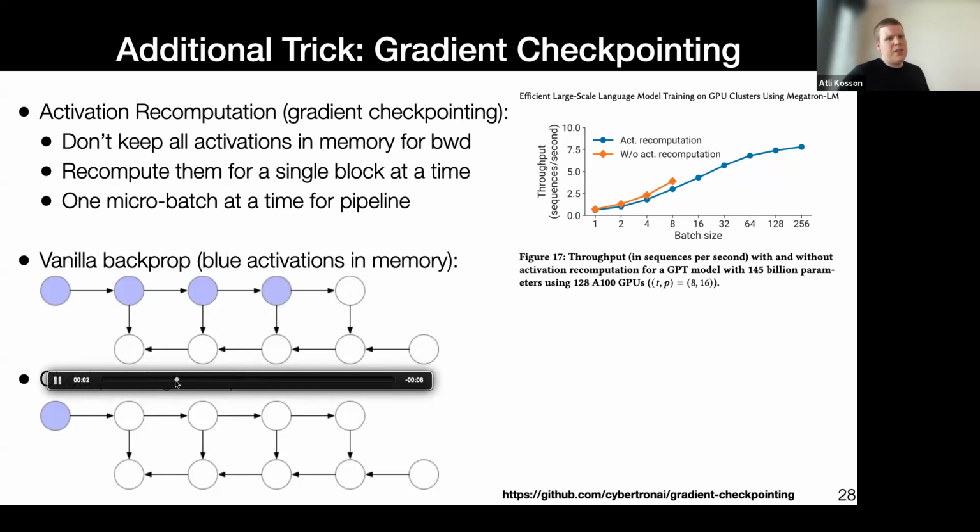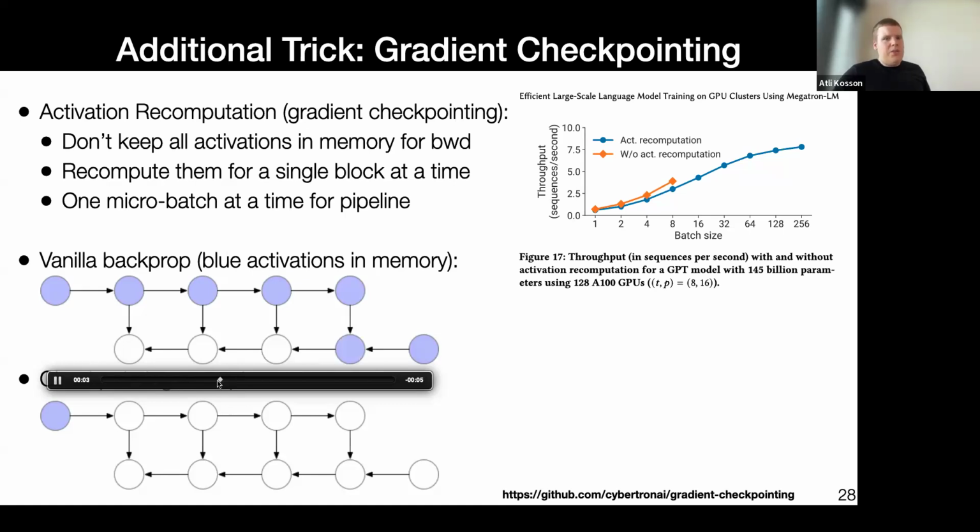So this is a video of how standard backpropagation is performed. This is the forward pass, and the blue nodes mean that you are storing memory for this kind of operation. They can be matrix multiplications or something like this. Then you will start the backwards pass, and now you're storing gradients that are flowing in this direction.